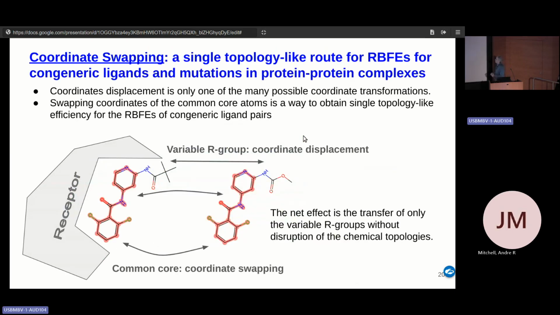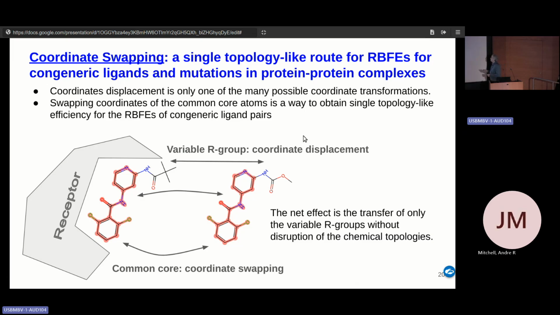Even more recently, we started playing with this idea of coordinate swapping, because one bottleneck of this ATM is its dual topology, meaning that if you switch the position of two ligands, then the complexity of the calculation scales as the size of the ligand, as opposed to the transformation.